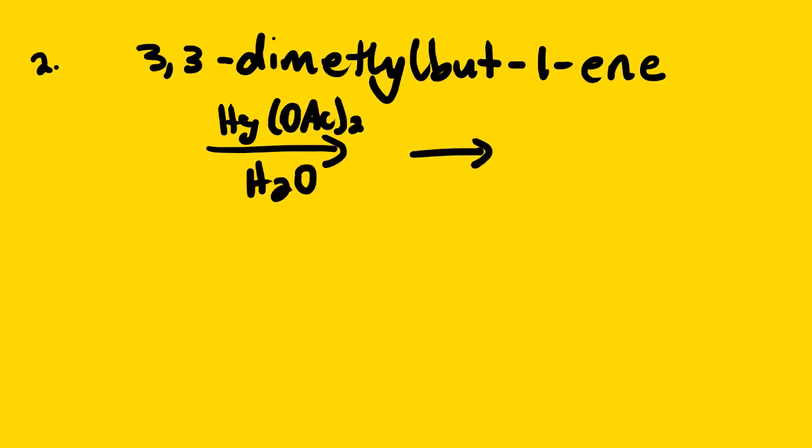Then it will also go through demercuration. Normally you will see it written in this manner. Just know that it undergoes two processes, oxymercuration and demercuration. Should the question require you to react this under oxymercuration only, you will simply use this only, and the product will be your final answer. Demercuration, you continue, replacing the mercuric fragment with hydrogen.